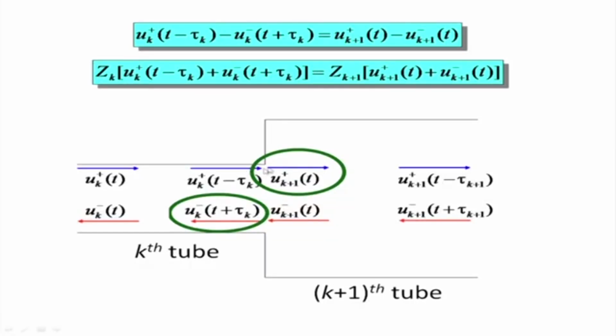So the volume velocity at this point is the volume velocity which is injected in the second tube, and the backward volume velocity in the kth tube is the volume velocity which is injected due to the backward wave. So I have to find out the expression of the forward wave of the (k+1)th tube and the backward wave at the kth tube. If I am able to find out these two expressions, then I know what will happen in the junction.